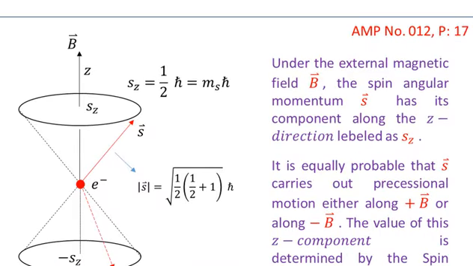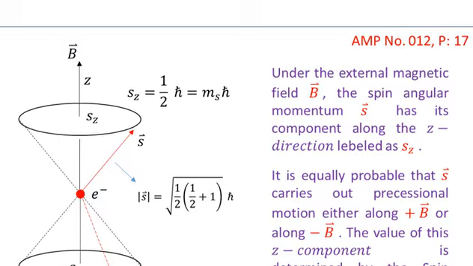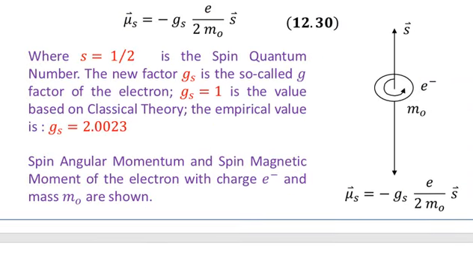So what will happen to this figure? That is the figure that I have shown over here. You see that the direction of S is not fixed because the electron can spin about its own axis, and this axis is not fixed. So the electron is not bound to give you its spin angular momentum in the vertical direction.